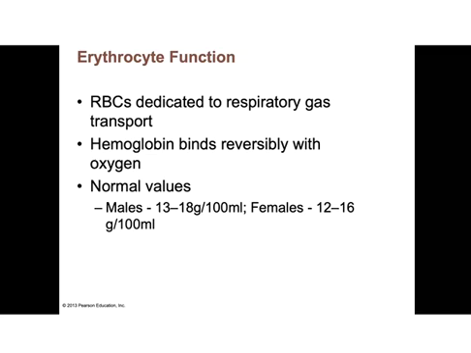Normal values are between 13 to 18 grams per 100 mL in males and between 12 and 16 in females, right? And that's, again, a reflection of testosterone levels and relative muscle mass.